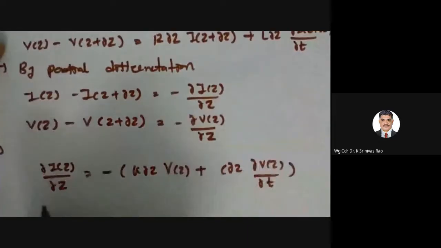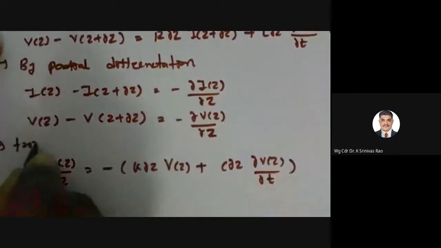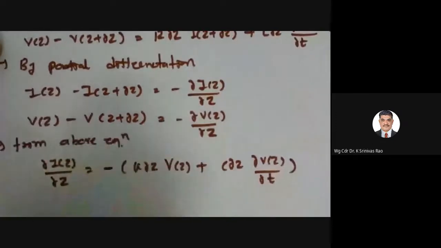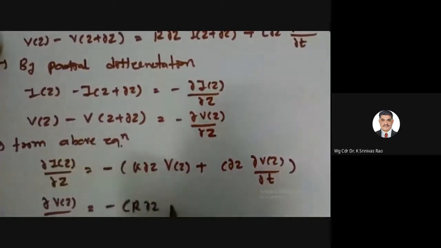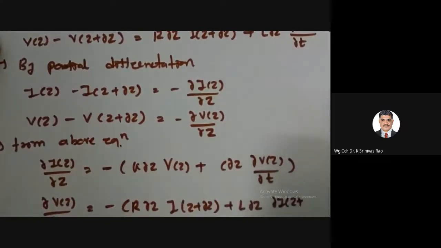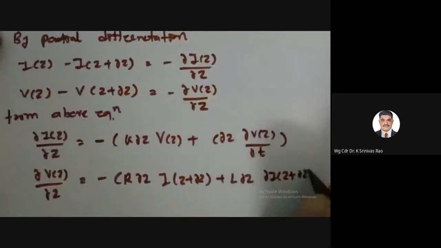And also, from the above equations, ∂V(z) is equal to minus of R Δz I(z + Δz) plus L Δz ∂I(z + Δz)/∂t.